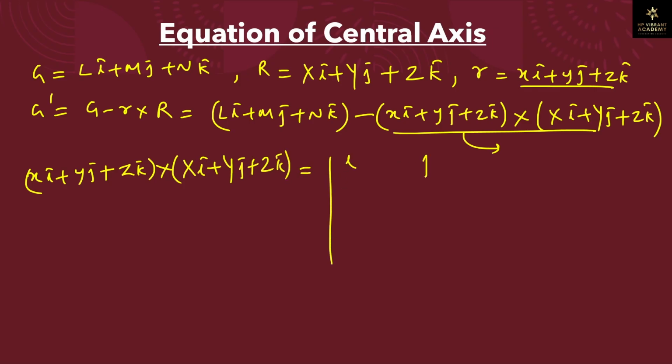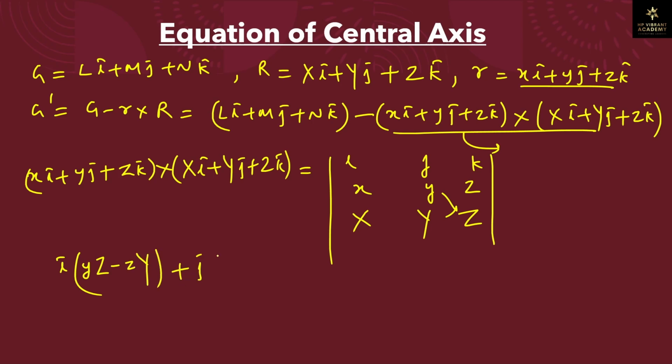This is i, j, k, then x, y, z, and capital X, capital Y, capital Z. So this is equal to i times (y times capital Z minus z times capital Y) plus j times (z times capital X minus x times capital Z) plus k cap times (x times capital Y minus y times capital X). Let us replace this.